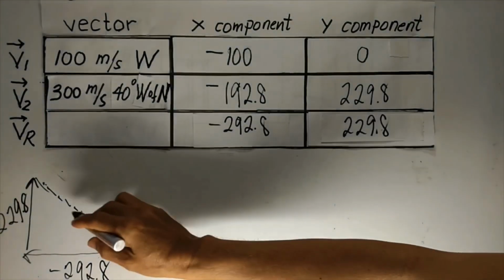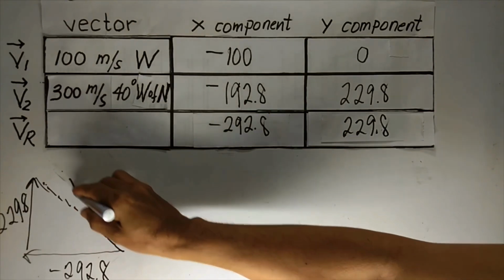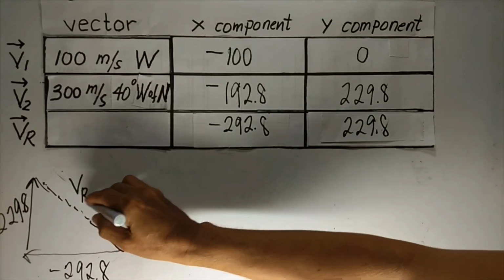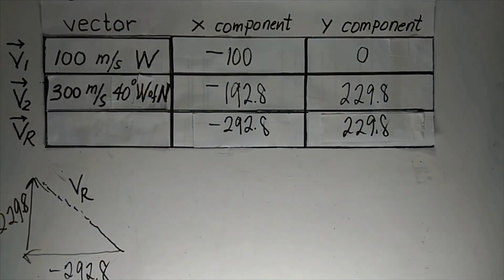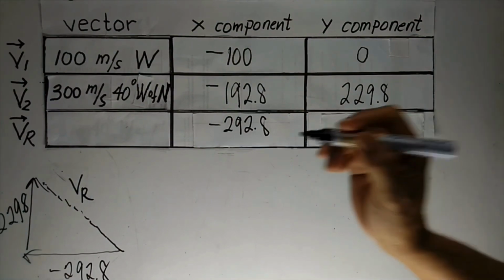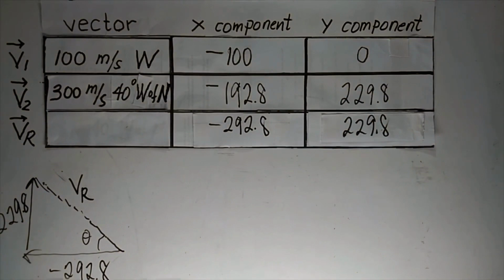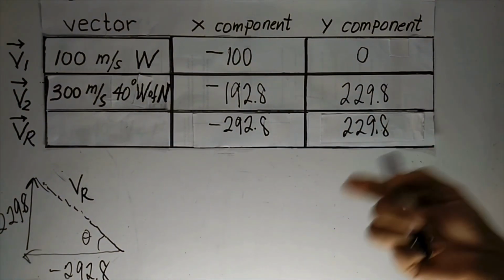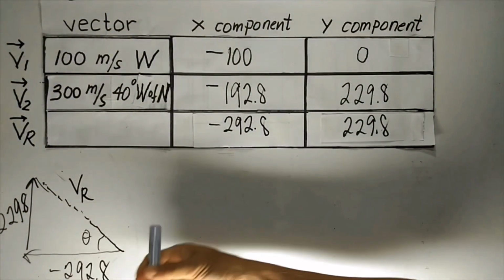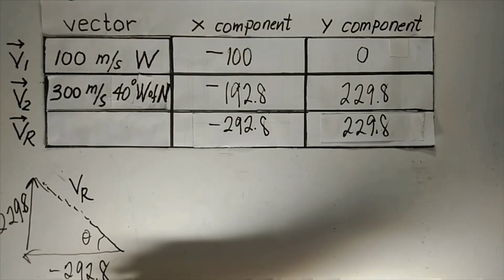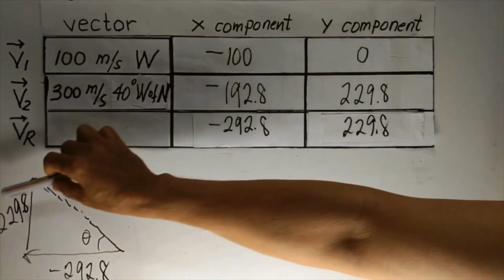So this will now be your resulting velocity, wherein its direction is this angle theta. So using this information, we have this side adjacent to this angle, we have this side opposite.